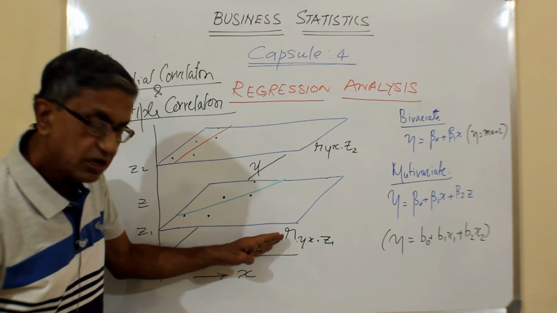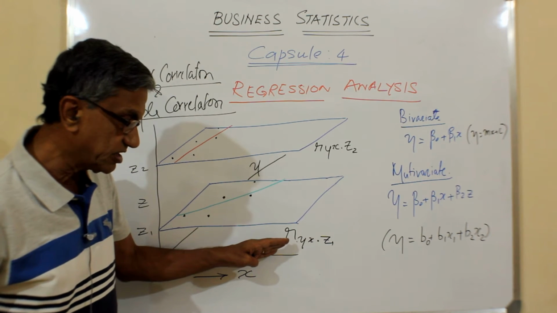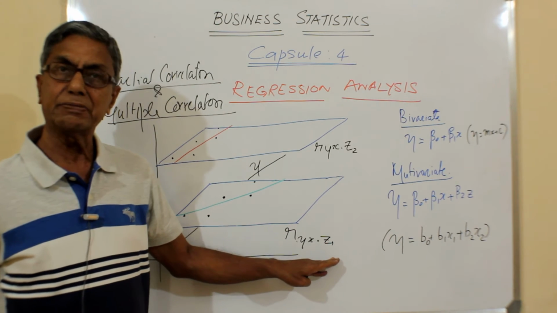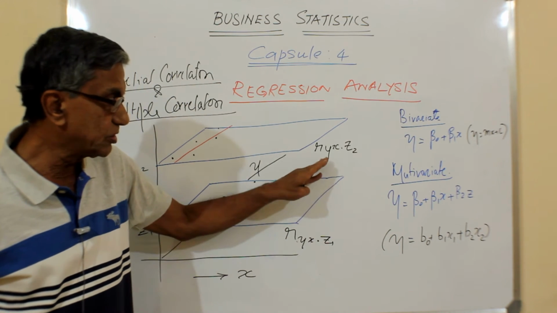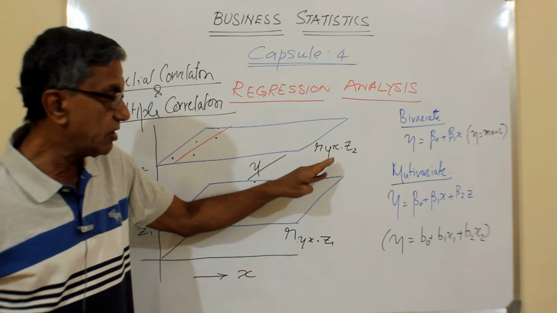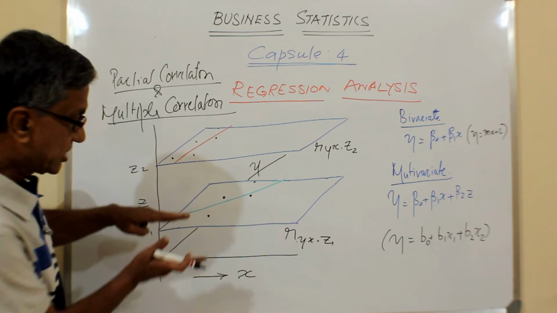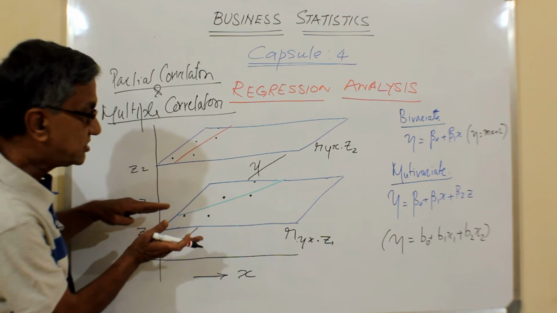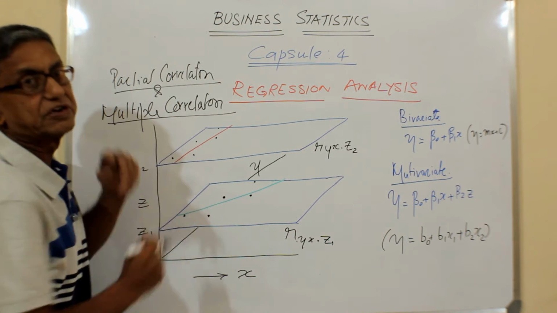The partial correlation coefficient of y on x, with z held at a particular value called z1, is r yx dot z1, and likewise r yx dot z2. So you can clearly see that as the z variable varies, the correlation coefficient also varies.